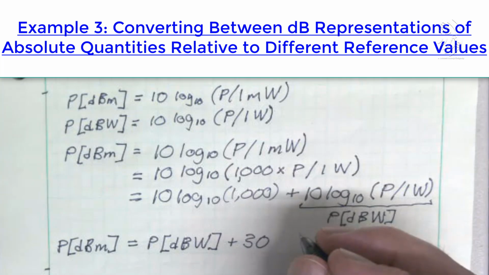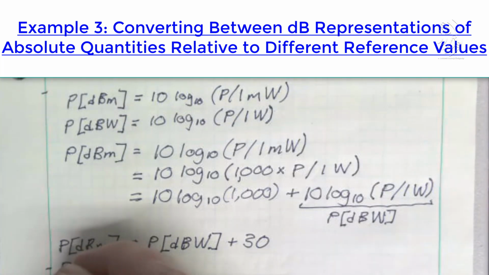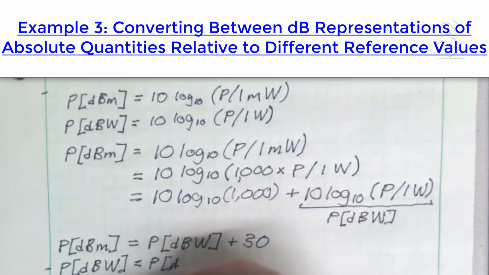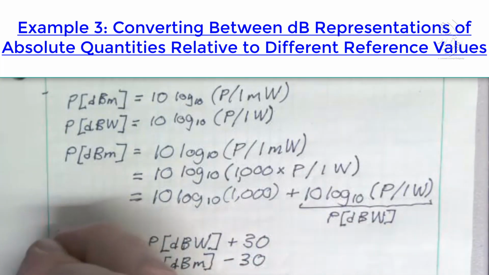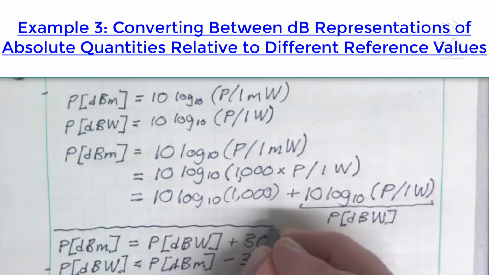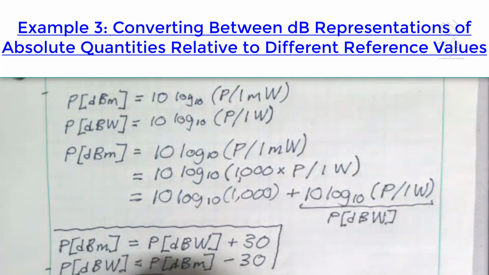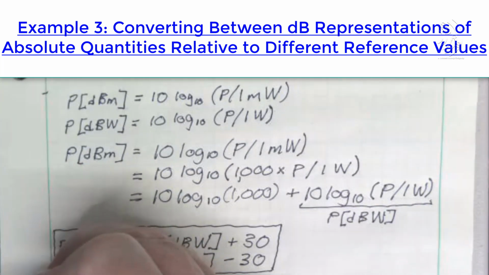We can also rearrange the equation to give P in dBW equals P in dBm minus 30. So this is a very useful, simple way of converting between these two types of absolute decibel units.